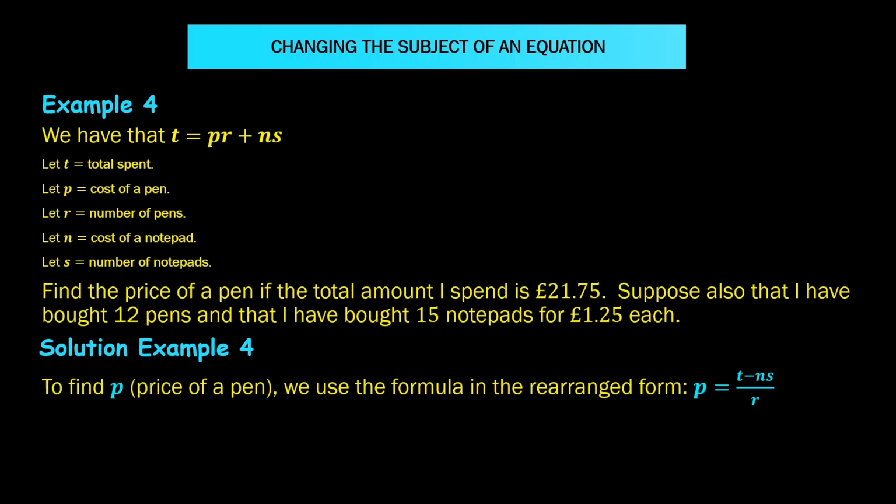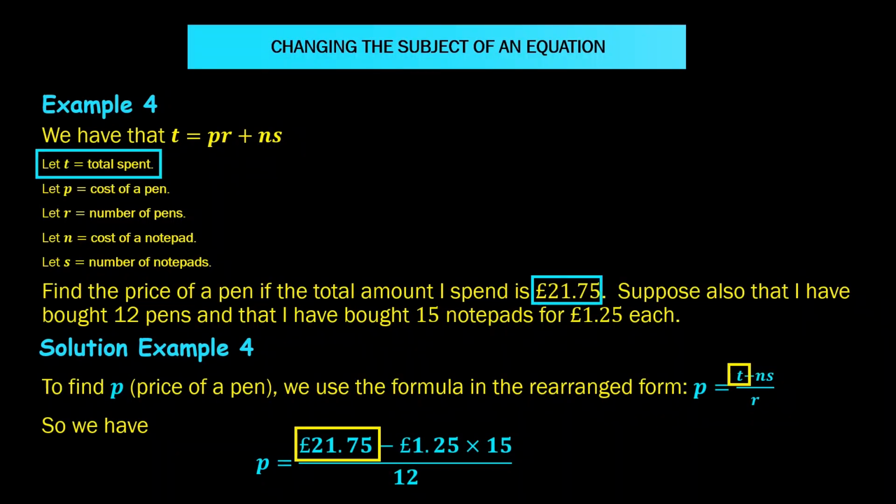To find P, the price of a pen, we use the formula in the rearranged form. P equals (T minus NS) over R. And we plug in all the values into this formula. So altogether, I've spent £21.75.